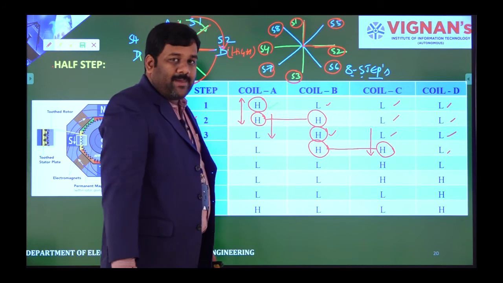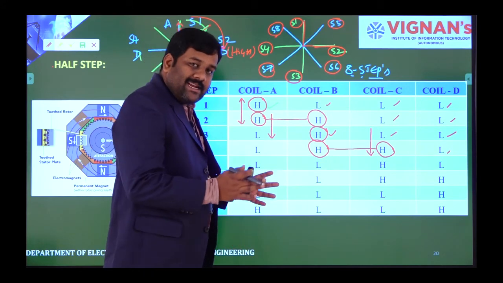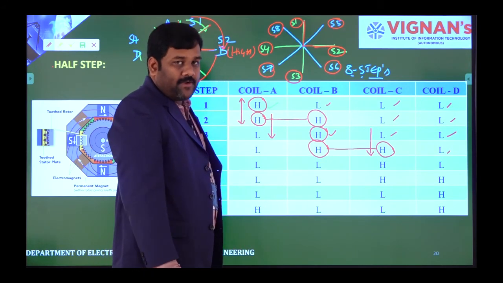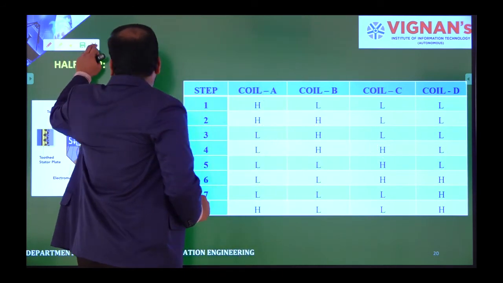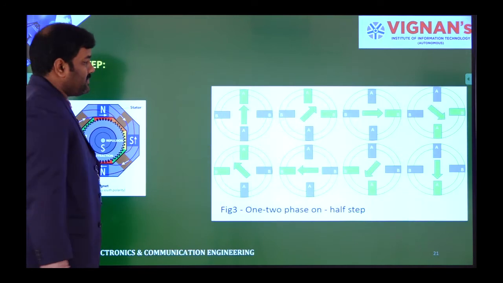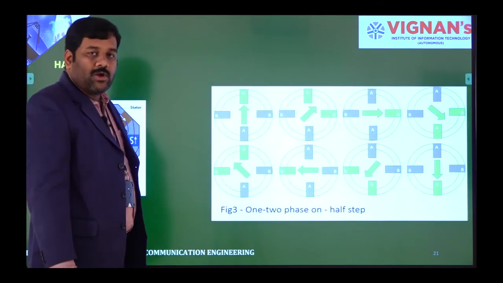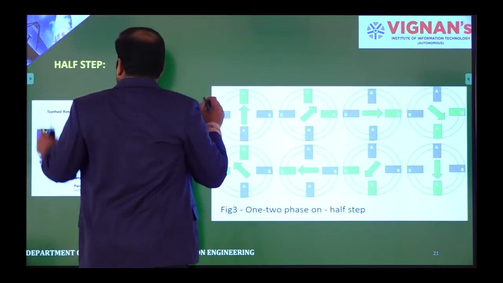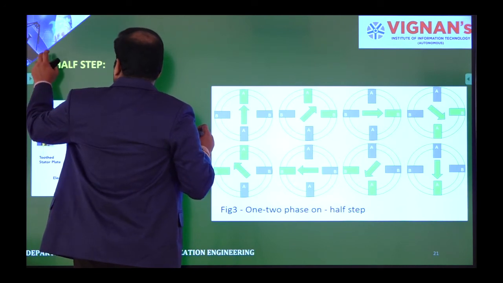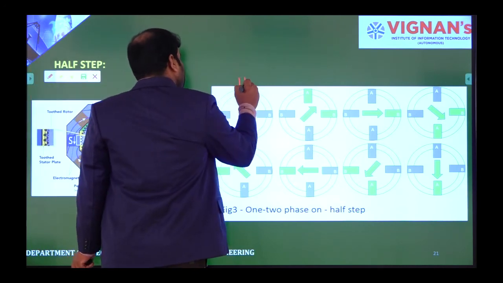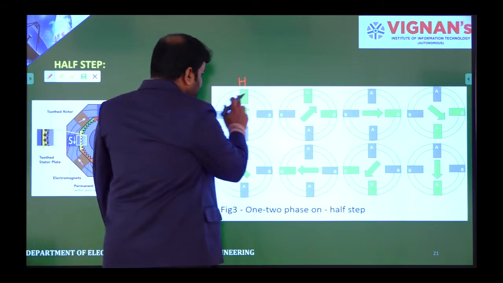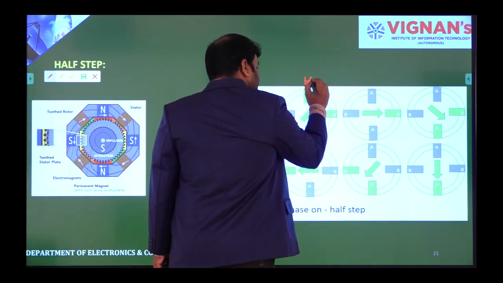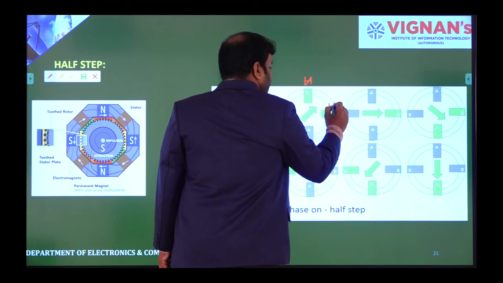Each and every step has been segregated into 2 half steps. That is the reason half step means it's exactly half of the full step. So this is what we are doing. Initially, we apply only the first one as higher mode, and in the second step, I'll keep this higher mode as same, and I'm giving the next one also in higher mode.